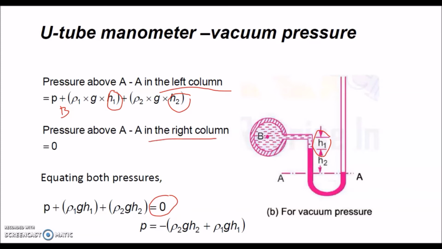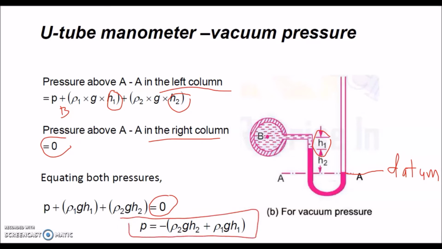For the right column, you can see here it is 0, because point A for the right column is at the datum, the lowest point in the pressure, so we call it the datum. Datum is 0. So for vacuum pressure, we get negative pressure from H2 plus the pressure from H1, for another type of liquid.